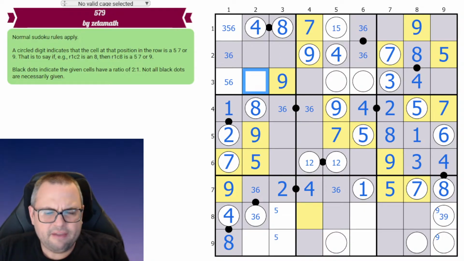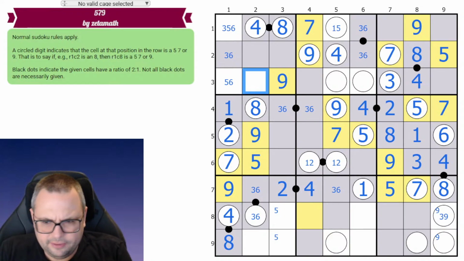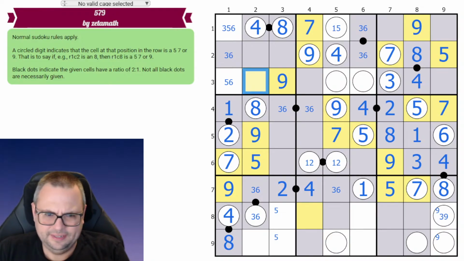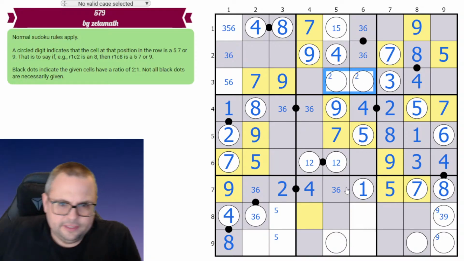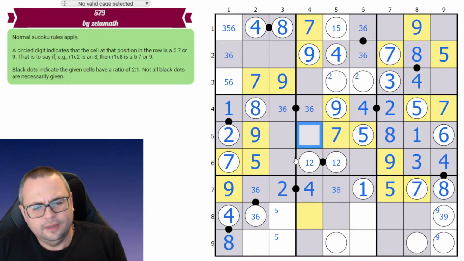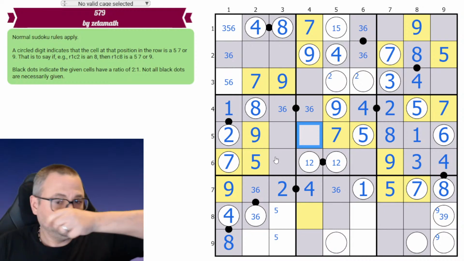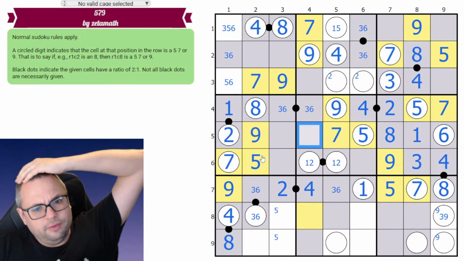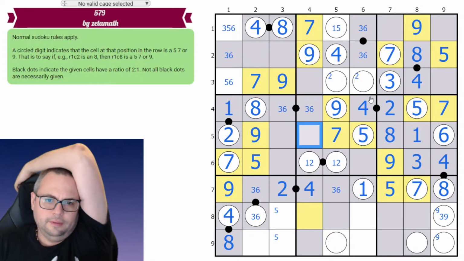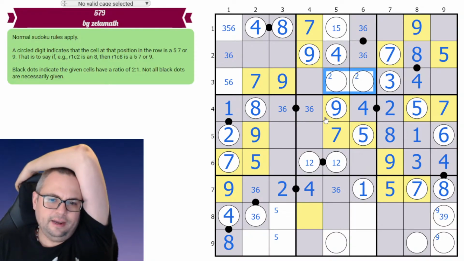This box's 7 is just here by Sudoku, right? And so one of these two is a 2, is what I think we've got. And so then the 5 is in either the first place, the 5th place, or the 6th place.